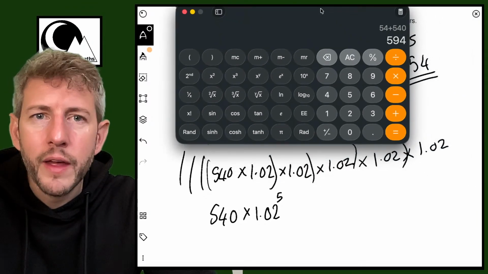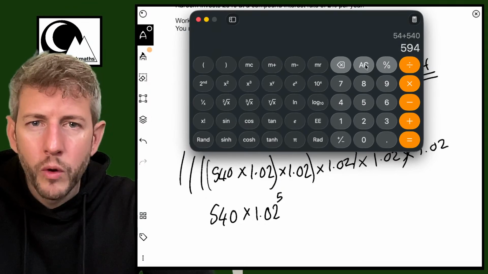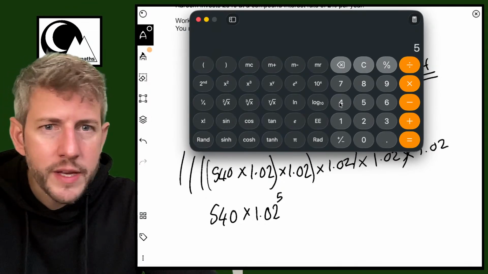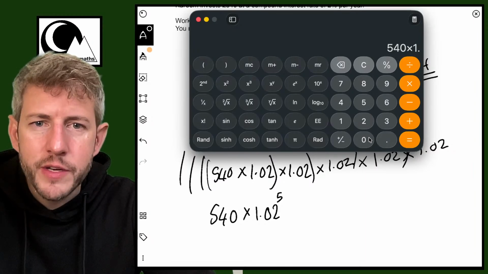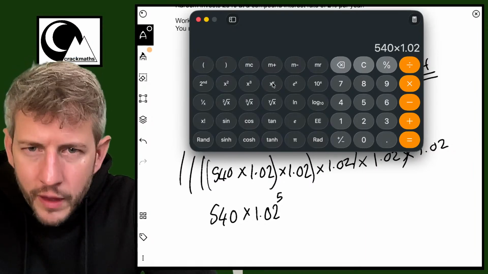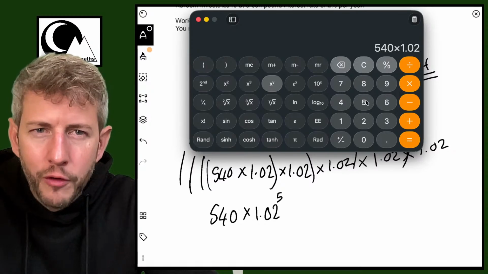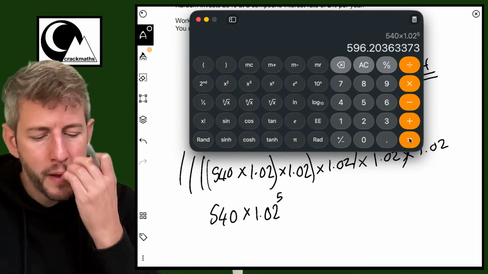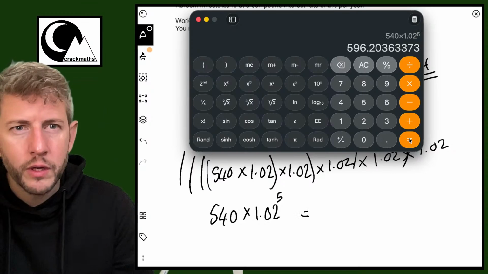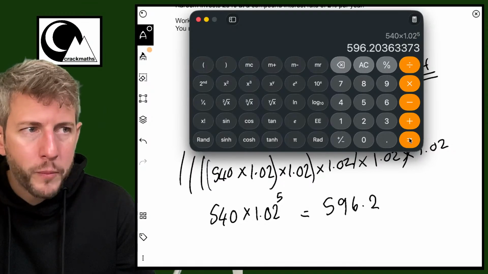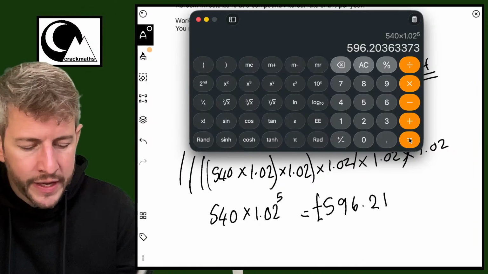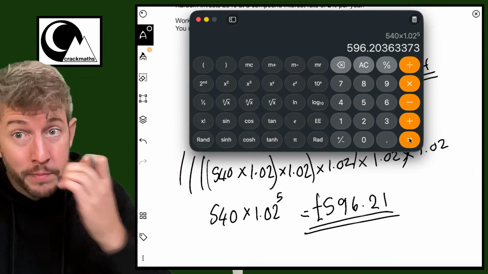Okay, we want 540 multiplied by 1.02 and then to the power of 5. So there we go, and that's going to equal 596 point, I'm going to call that 0.21 because we're looking at money. So we don't really want to go beyond pence.